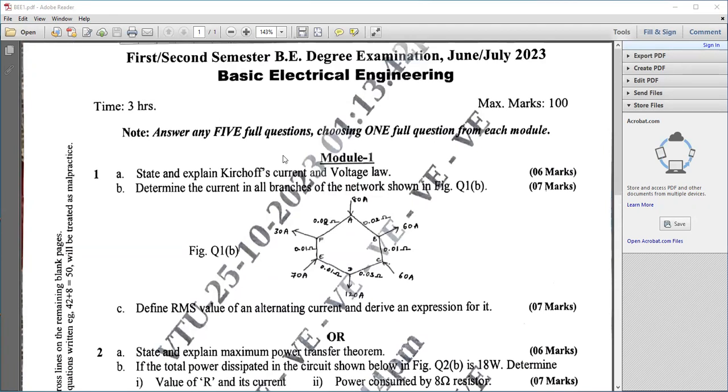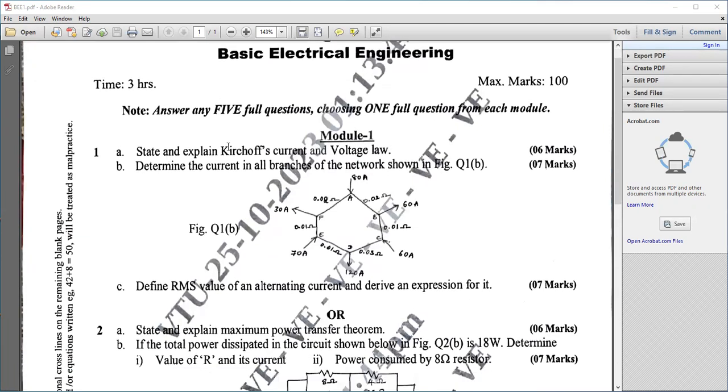Let's see module one, question number 1A. State and explain Kirchhoff's current and voltage laws, KCL and KVL. You can explain with the help of a suitable diagram and example. For KCL, you need to use the formula sigma I, the net current meeting at a junction is equal to 0.